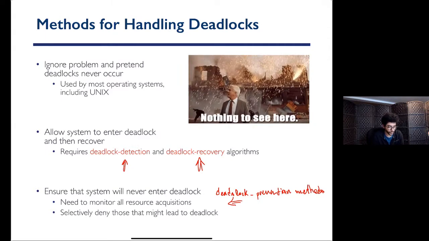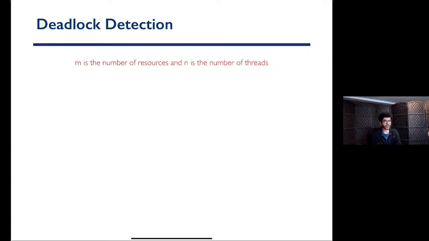Okay. So let's start with deadlock detection. I'm going to assume for this algorithm that there are m different resources, and there are n threads. Now, we're going to say that the capacity of resource i is Ci.